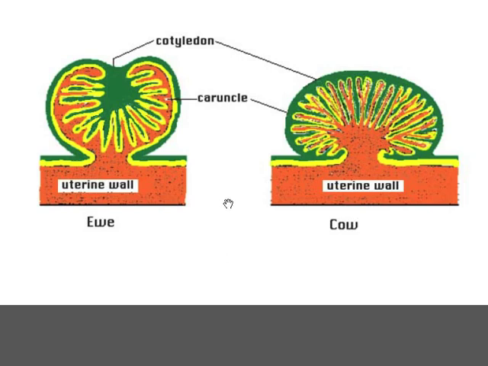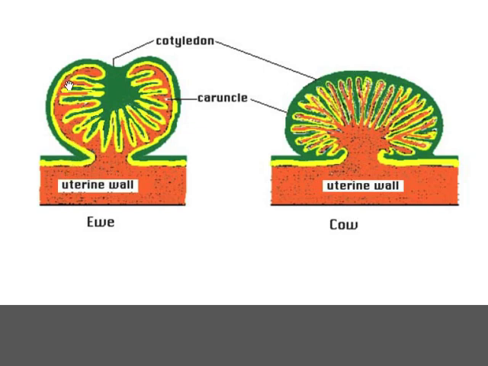This cartoon shows a placentome of a ewe on the left and a cow on the right. In green is the cotyledon, which is the fetal structure composed of chorion and allantois deep to it. The uterine wall is in orange, and the uterine epithelium is in yellow.